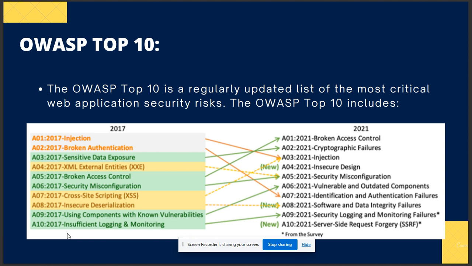Then the tenth one is insufficient logging and monitoring. Insufficient logging and monitoring make it challenging to detect and respond to security incidents effectively. So we have to understand these vulnerabilities, and it's very crucial. As a bug bounty hunter, we have to understand each and every vulnerability from basic to advanced. Okay, by addressing these issues, we can build more robust and secure digital environments.